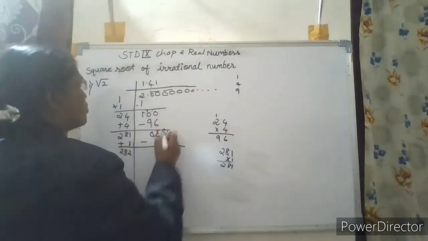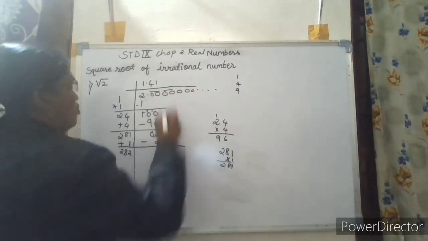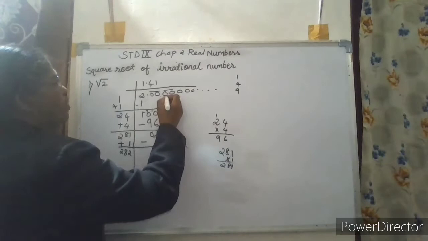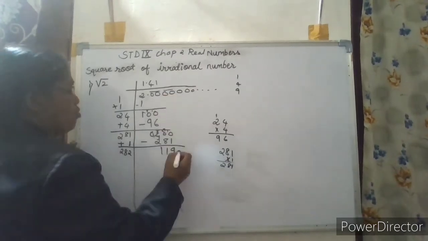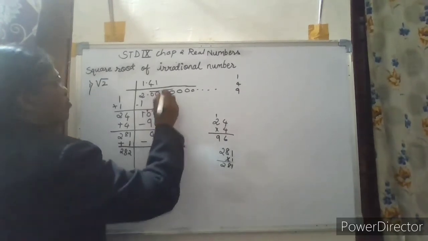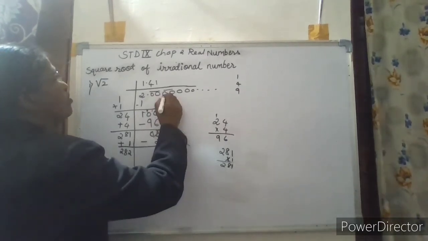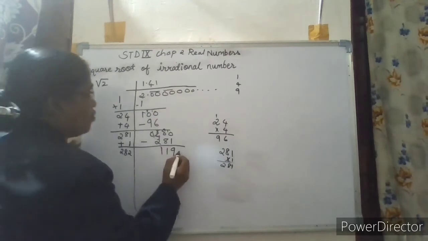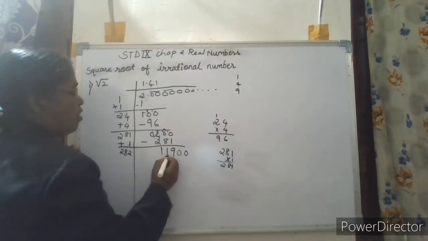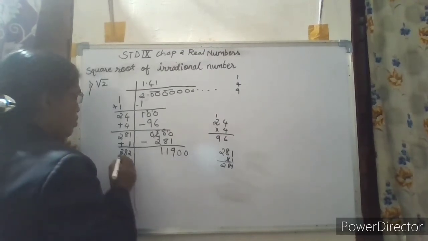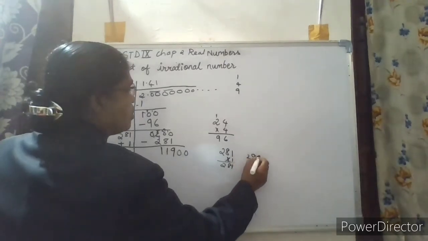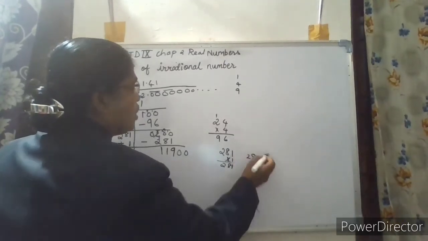Now this is the remainder. For further division, here is 0, because we cannot do the division, so you take 2 zeros. This is 11,900. Now 282. You have to take any number.